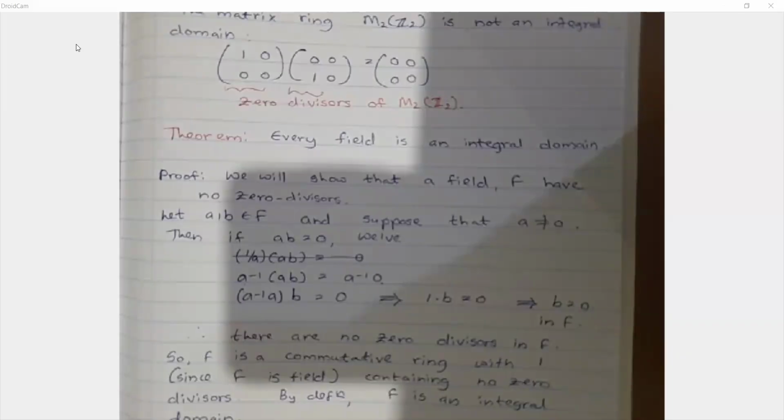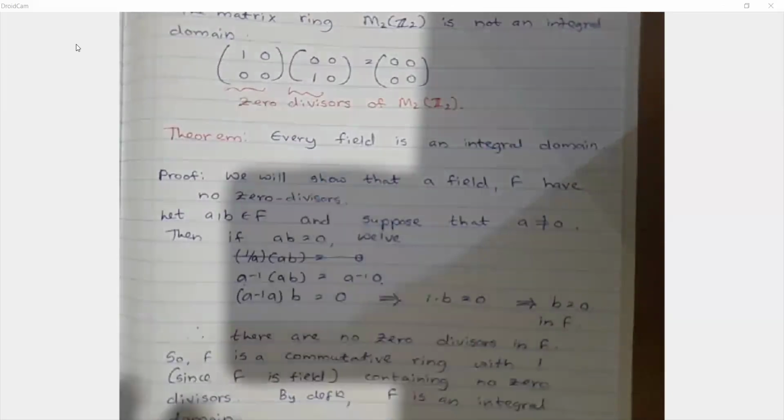But if the integral domain is finite, then we can show that in that case, it must be a field. Even though not all integral domains are fields, finite integral domains must be fields. That is our next theorem.